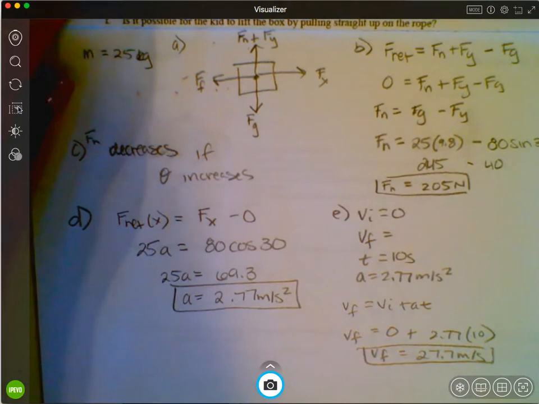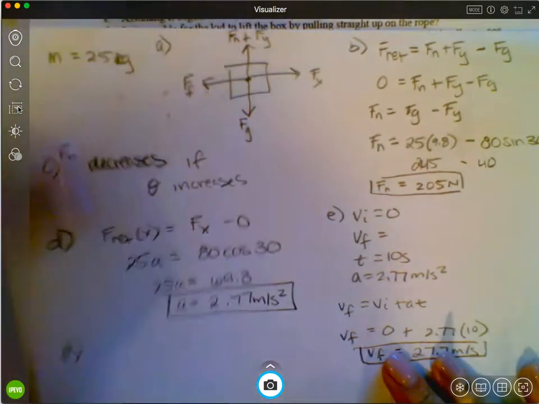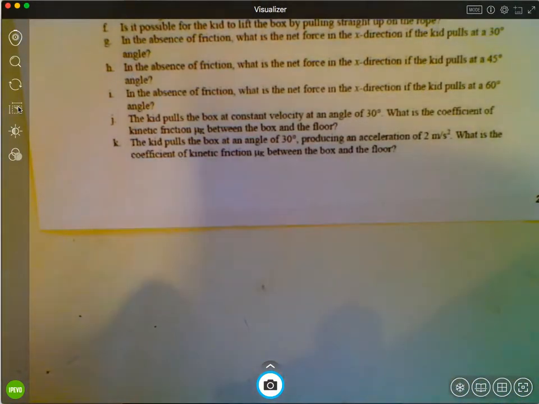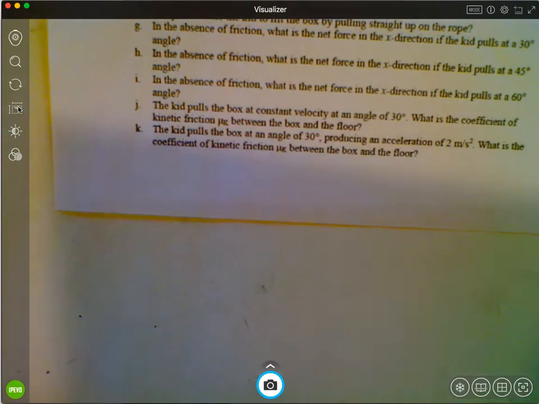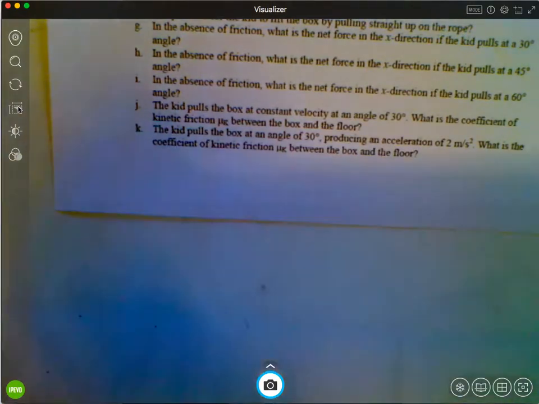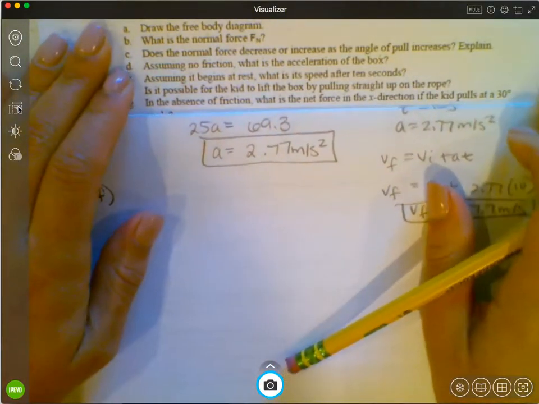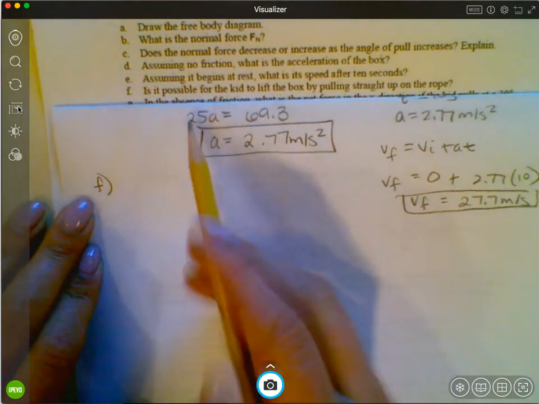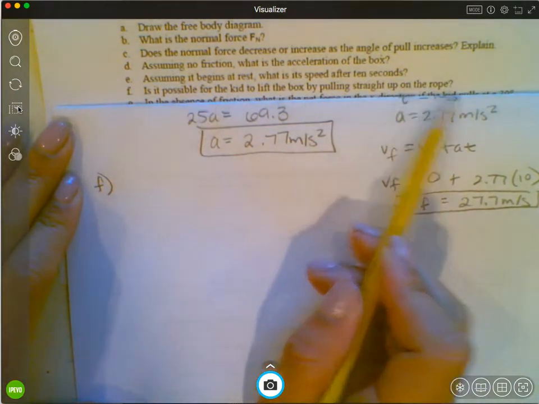All right, F. Let's do F over here. I'm going to go ahead and tuck this part under. Let's just fold it over a little bit. Okay, for F. Is it possible for the kid to lift the box by pulling straight up on the rope?